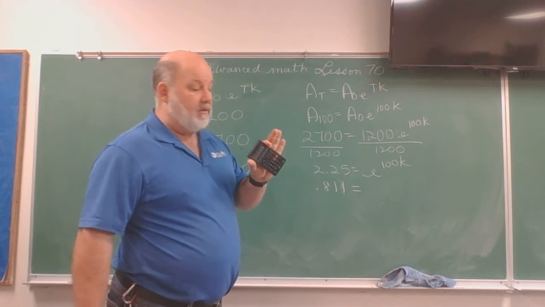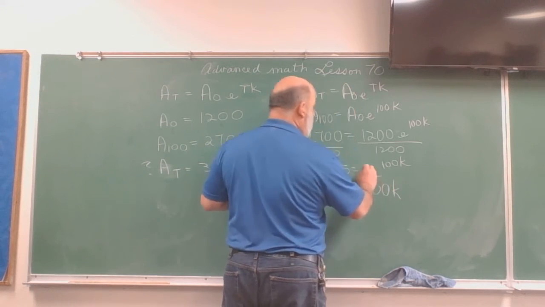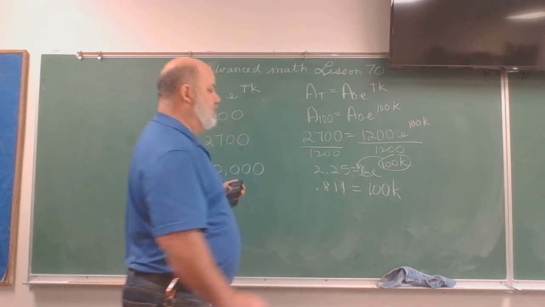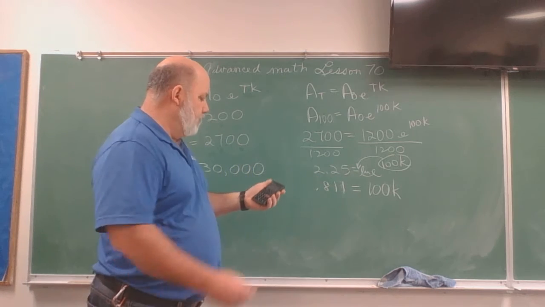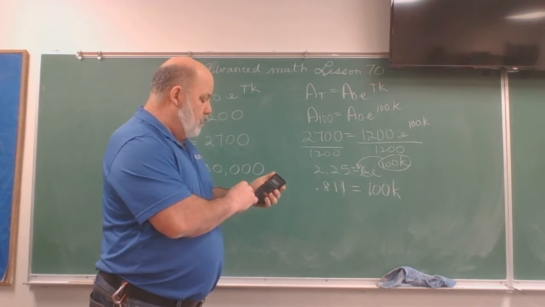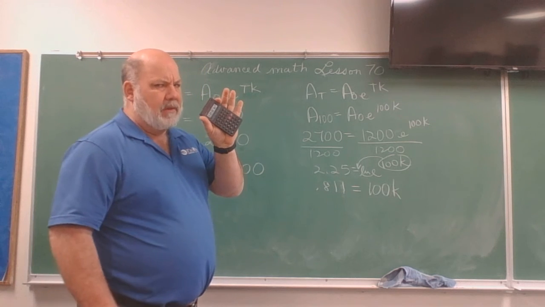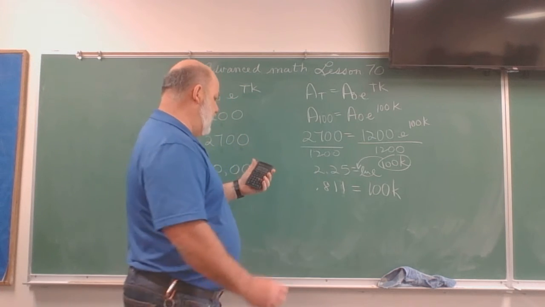Do not clear this from your calculator. And that will equal 100k. Show that again, the natural logarithm, that 100k jumps to the front, and the natural logarithm of e is just 1. I divide by 100, and I get something in scientific notation on certain calculators.